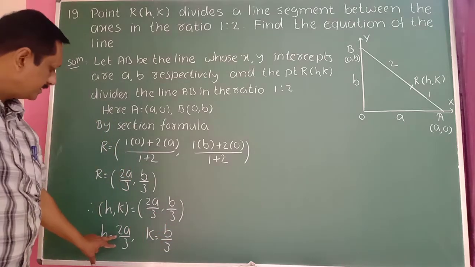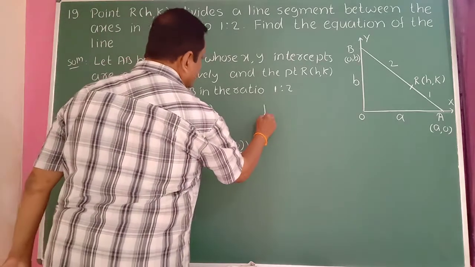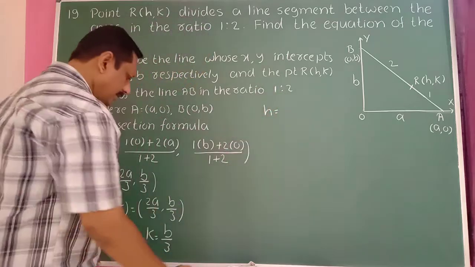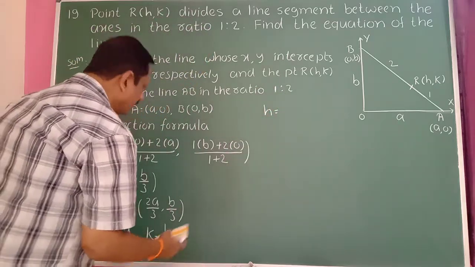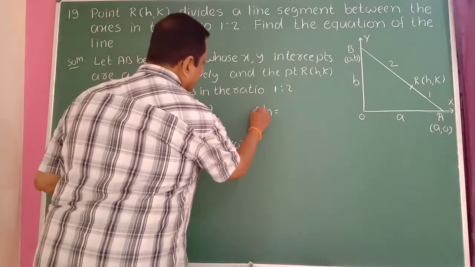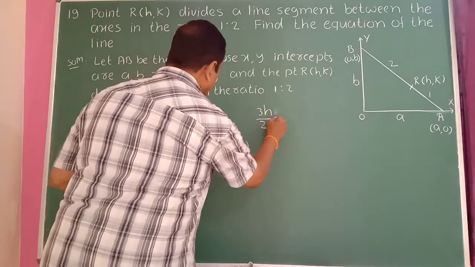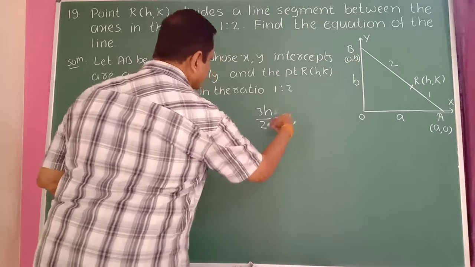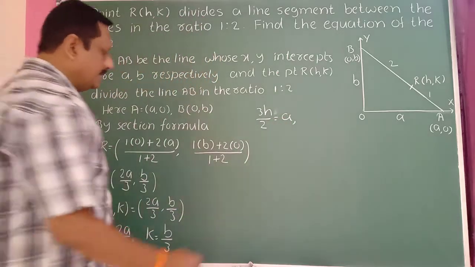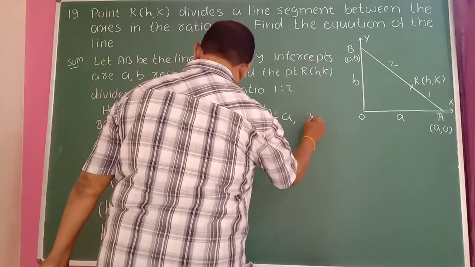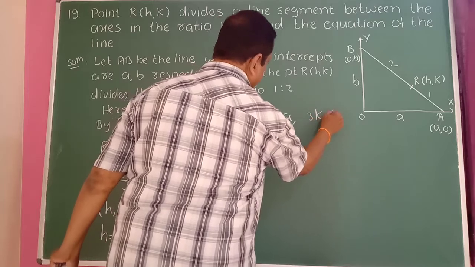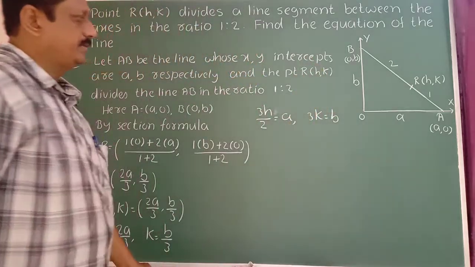Take 2 upon 3 to this side, so h is equal to... 3h divided by 2 is equal to a, by cross multiplication. Take 3 to this side, so 3 into k is equal to b.